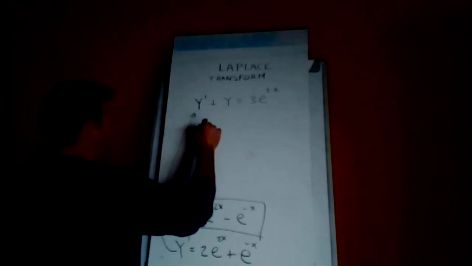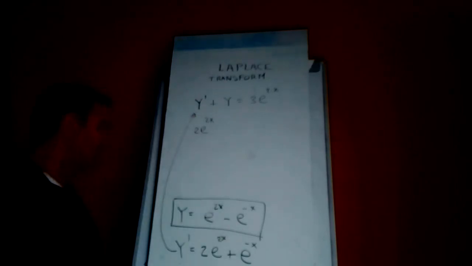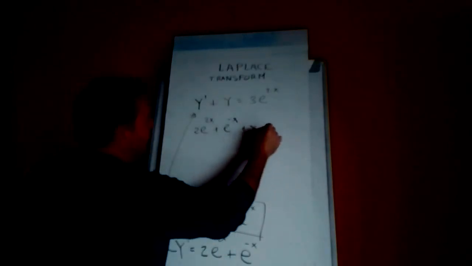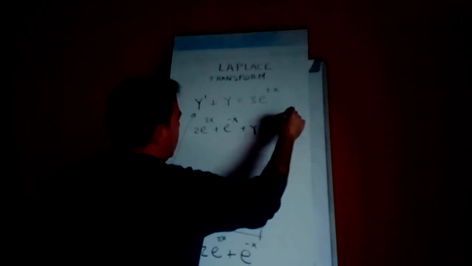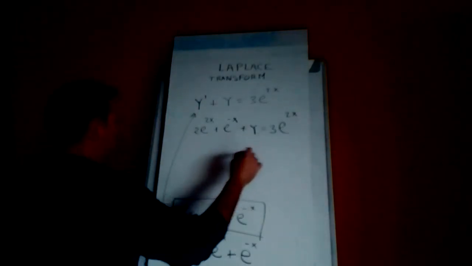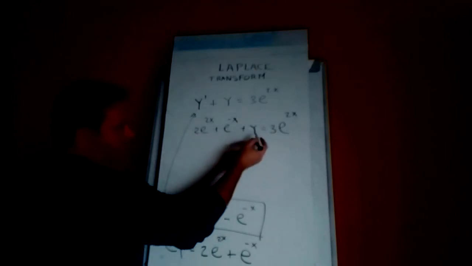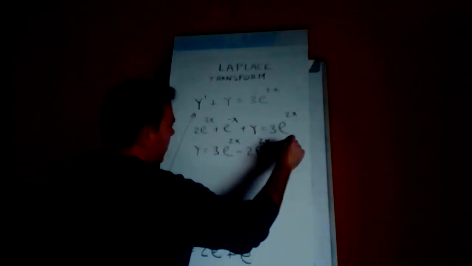If I substitute this y prime in our differential equation, 2 times e to the power of 2x plus e to the power of minus x plus y equals 3 times e to the power of 2x. Transferring these terms to the right hand side and clearing y, we get y equals 3e to the 2x minus 2 times e to 2x minus e to the minus x.